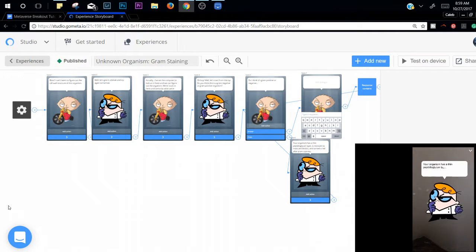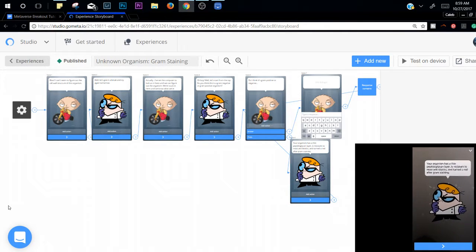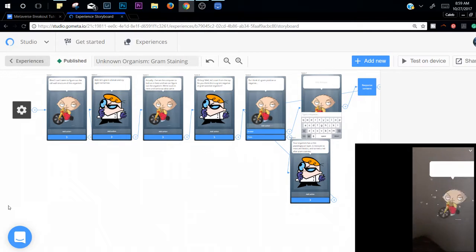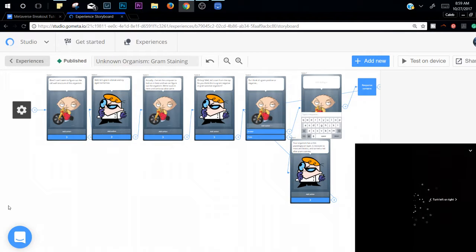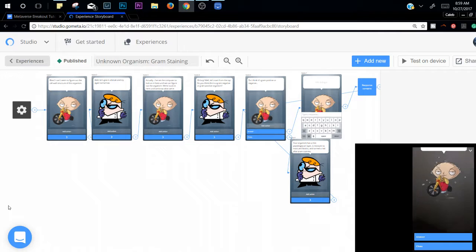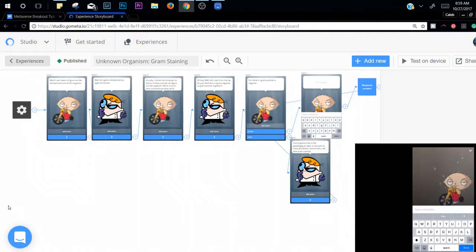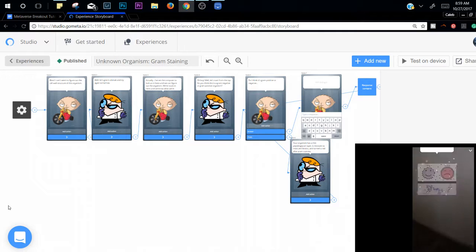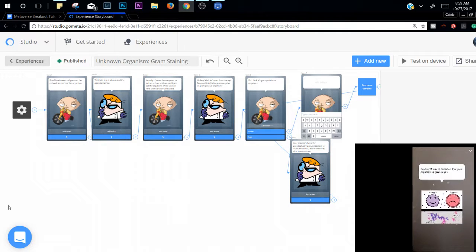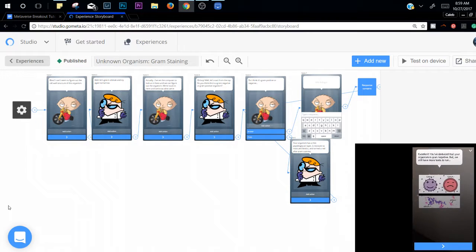Then clues: your organism has a thin peptidoglycan layer, is resistant to most antibiotics, and turned red after gram staining. Gotta get rid of that U. Sorry about that. Okay, but so the answer is going to be gram negative. Excellent. You deduce that your organism is gram negative. We still have more tests to run.